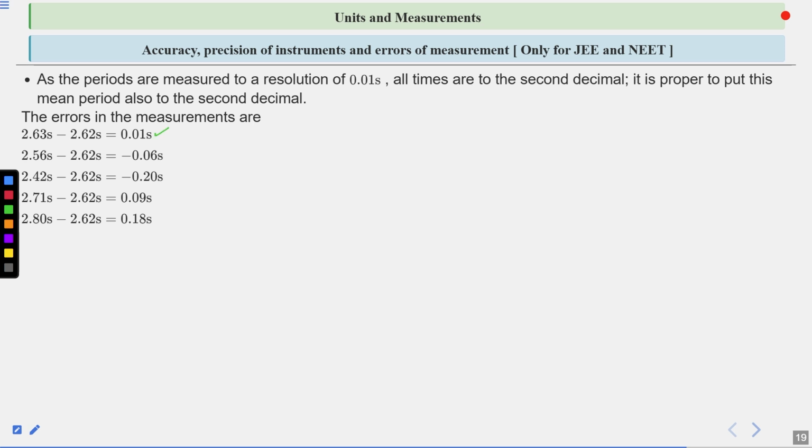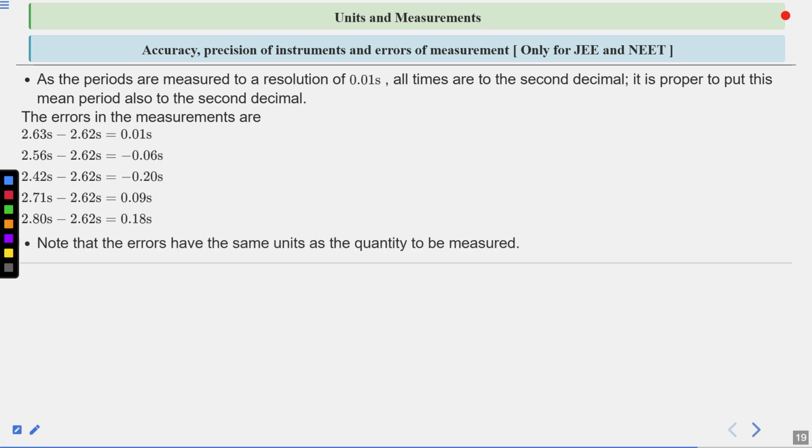Similarly, 2.56 seconds minus 2.62 seconds is equal to minus 0.06 second. 2.42 seconds minus 2.62 seconds is equal to 0.20 second. And 2.71 seconds minus 2.62 seconds is equal to 0.09 second. And 2.80 seconds minus 2.62 seconds is equal to 0.18 second. The important point here: errors have the same units as the quantity to be measured.